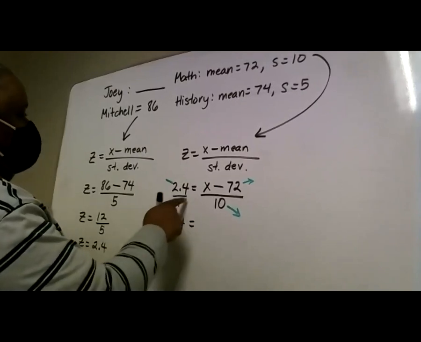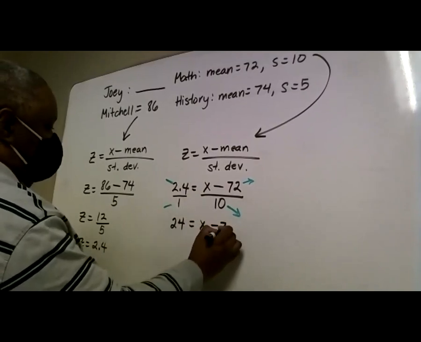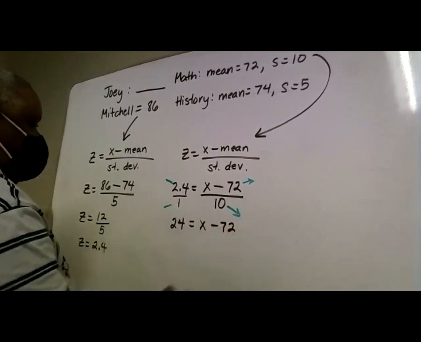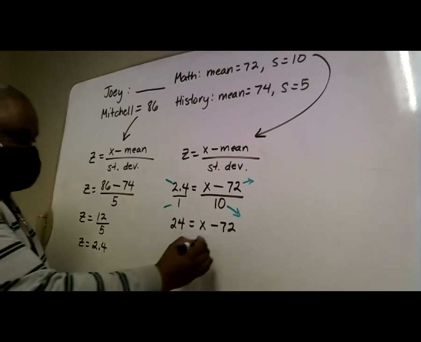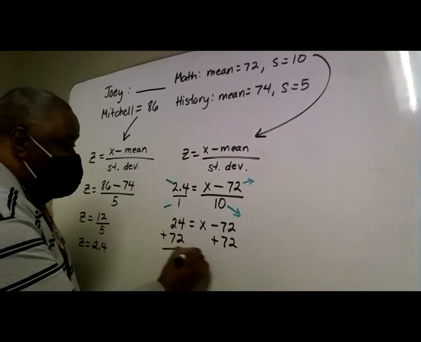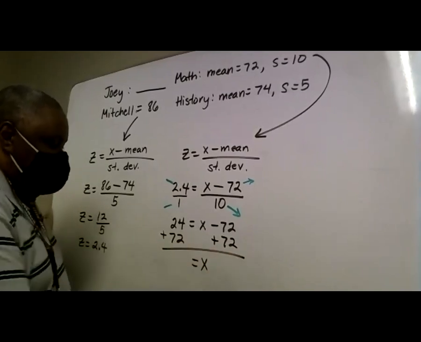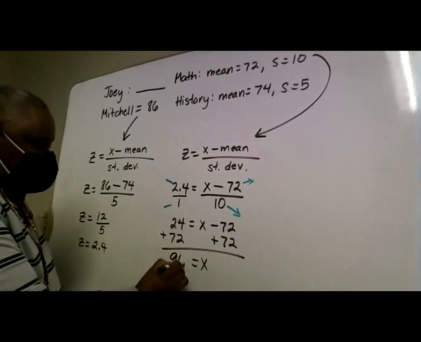If I distribute the 1, 1 times x is x, minus 1 times 72 is 72. So I have an equation of x minus 72 equals 24. Then to solve for x, I'm subtracting 72, so I need to add 72 on both sides. So that means x is equal to 96.